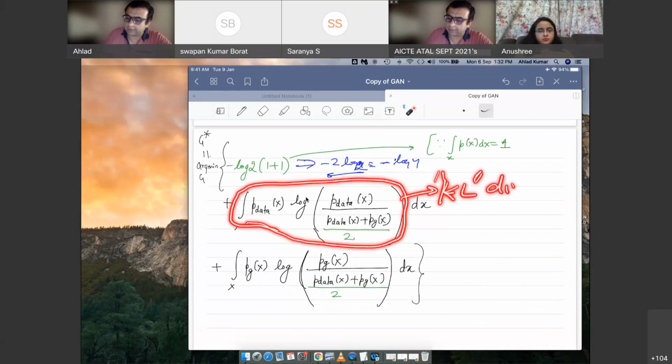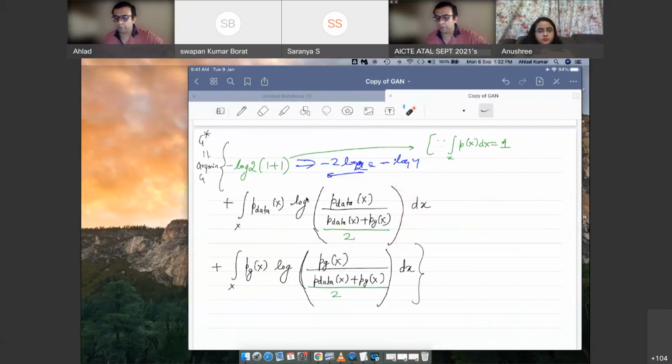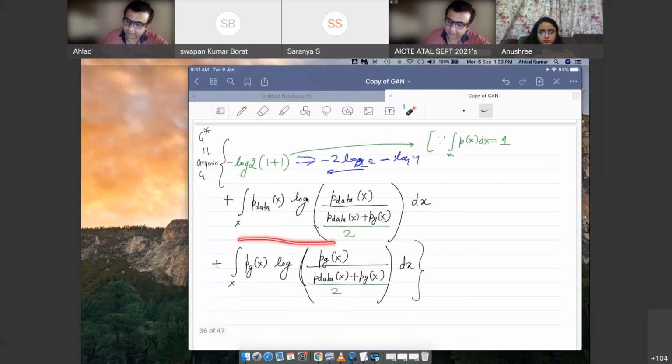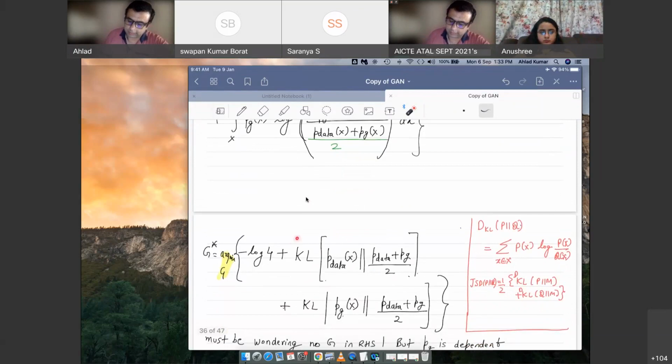So KL divergence basically tries to find the distribution similarity, like how close the two distributions are. So somewhere or the other, you can see here now that this particular expression can be written in a compact form as this. That is KL P data of x, and this is the representation of the definition of KL divergence.